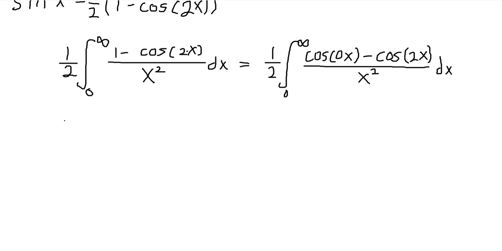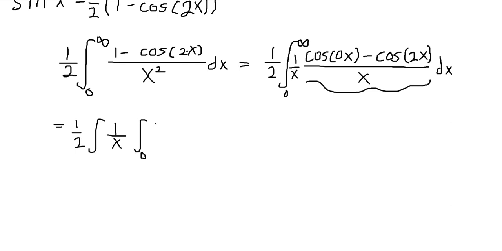In particular, I still have this 1/2, and the integral, and if I pull out a 1 over x, if I just consider this expression right here, then it is actually equal to the integral from 0 to 2 of sine of tx dt.